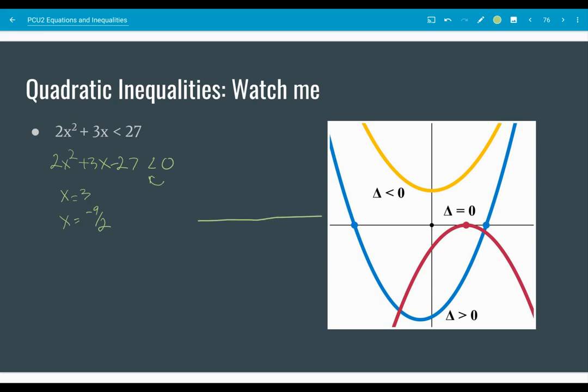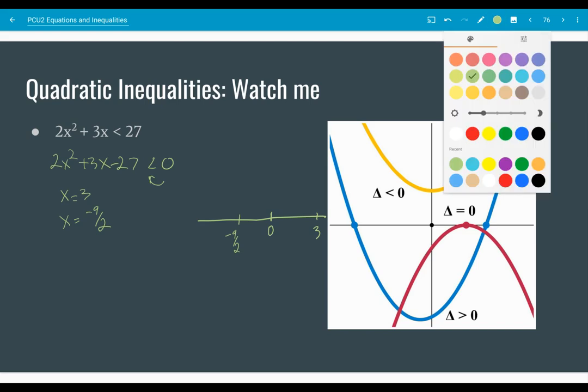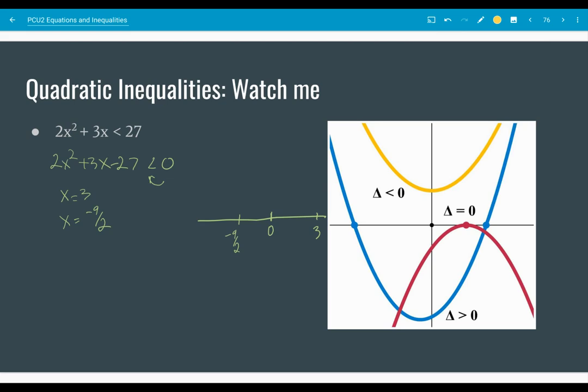So if we look at this on a number line, with 0 being in the middle, this being 3, this being negative 9/2, we ask ourselves, what is a nice, convenient number to do math with that falls in between those two numbers? Well, 0 happens to fall in between those two numbers. You could use 1. You could use any number you want as long as it falls in between those two numbers.